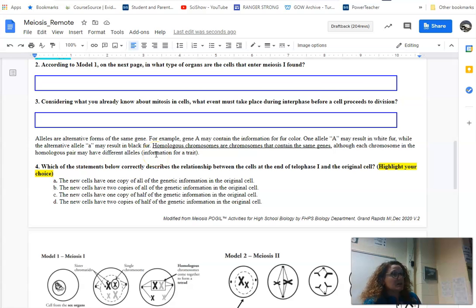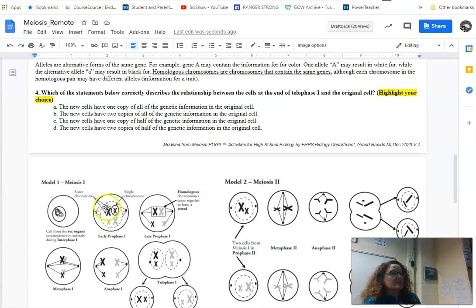A homologous pair is when you have chromosomes that have the same type of information, like they both might carry the gene for eye color, but one might carry the gene for blue eye color and one might carry the gene for brown eye color. So they both have eye color, this large black and the large gray, but they carry different variations of that eye color, along with other traits.